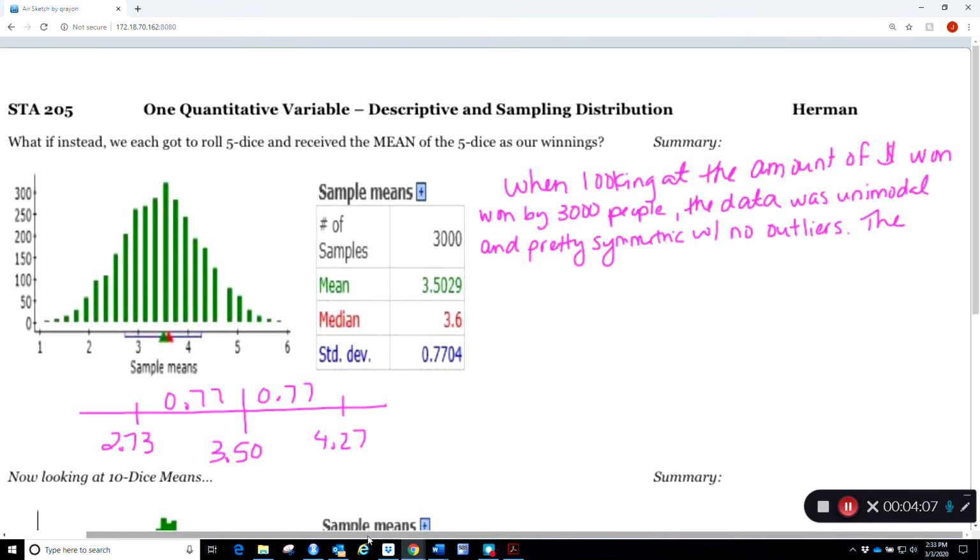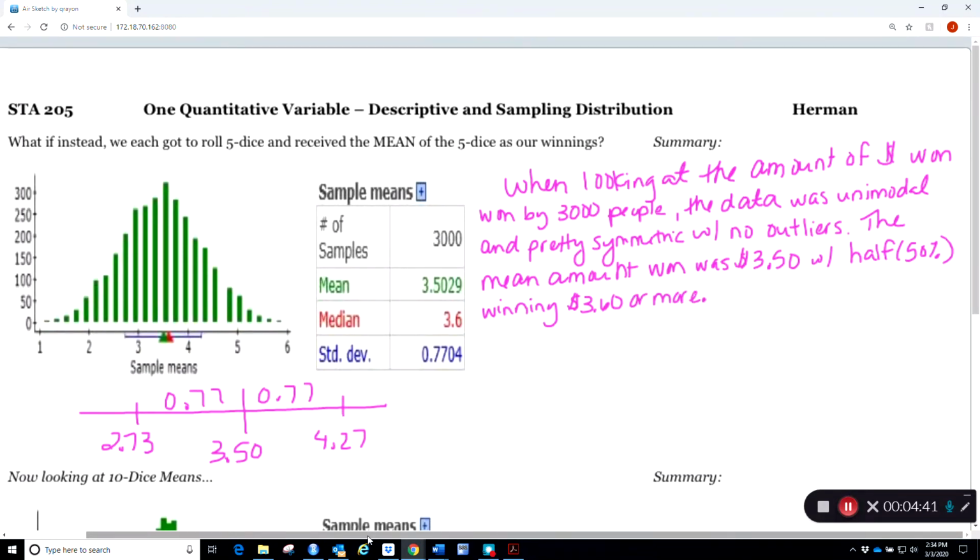This time, the mean amount won was $3.50, with again our half or 50% winning $3.60 or more.